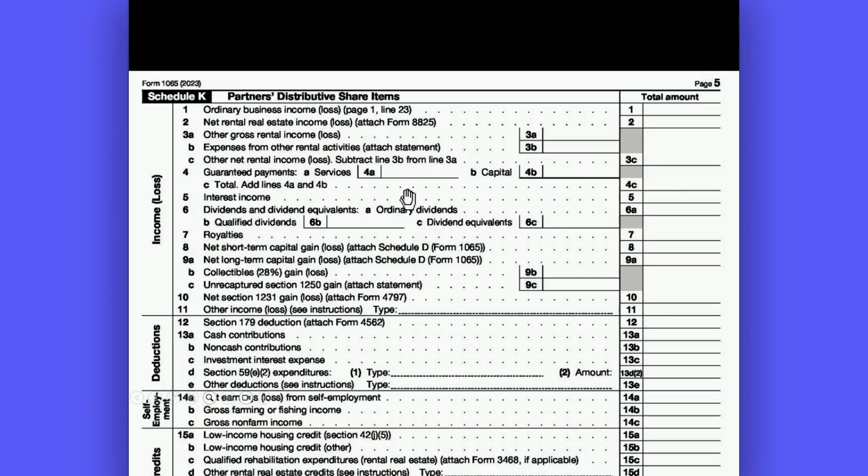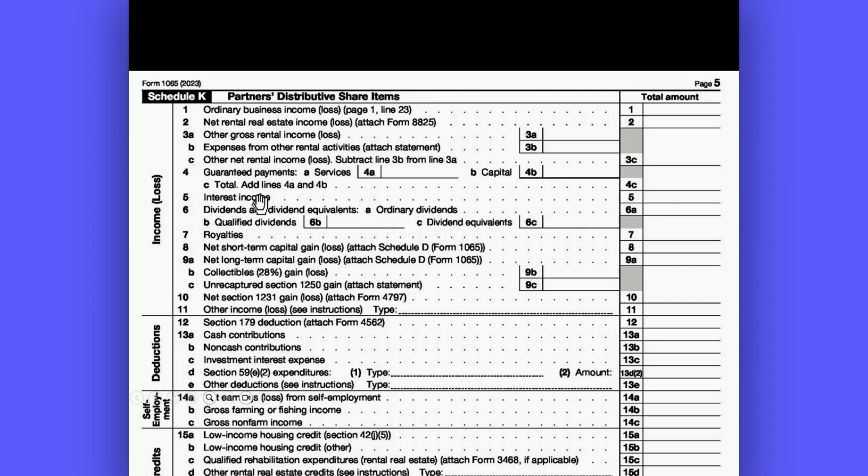And then, of course, those are going to be put out. Now, those are not put out proportionally based on percentages. Those guaranteed payments, those will go out specifically to the individuals who received them. So you have one partner got $100,000 in guaranteed payments, that's how much will go on their K1. If another partner got $10,000 in guaranteed payments, that's how much will go on their K1.